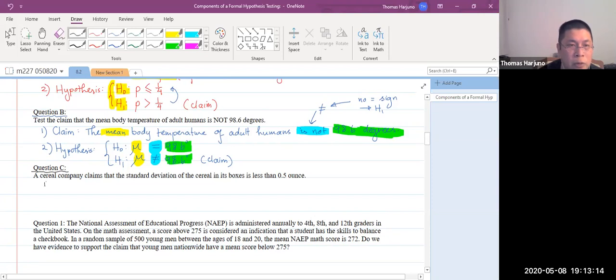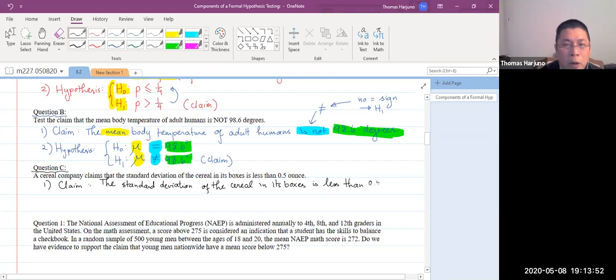So step 1, the claim: the standard deviation of the cereal in its boxes is less than 0.5 ounce.